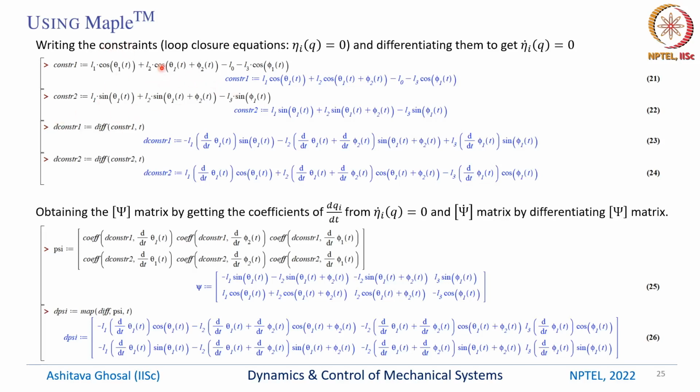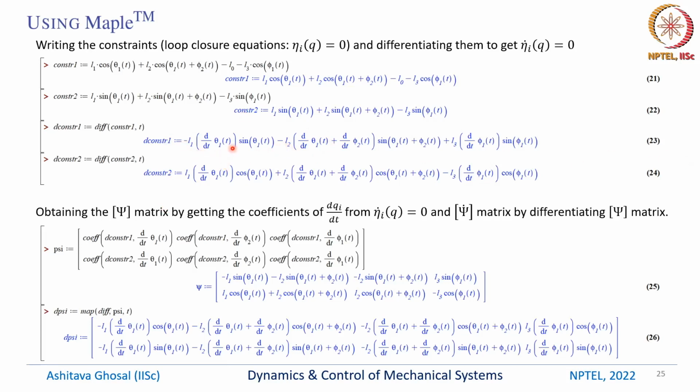Then we can differentiate these constraint equations and find the constraint matrix. The constraint matrix is given by psi. How do I find it? We find the derivative of constraint equation 1 with time, and the derivative of constraint equation 2 with time, and we call these d constr1 and d constr2, and we get some terms.